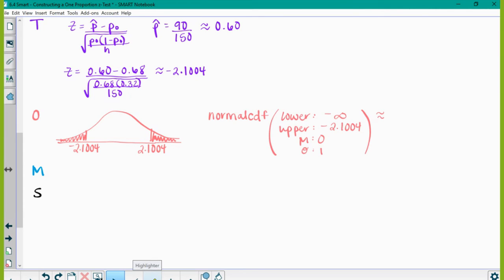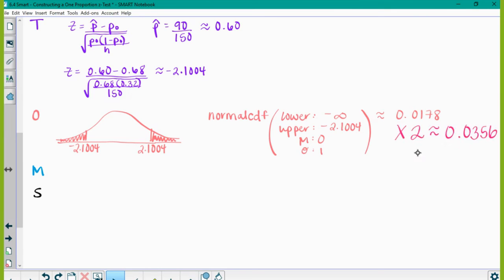I went from negative infinity to negative 2.1004 with a mean of 0 and a standard deviation of 1, and I got a p-value of 0.0178. If I went in my calculator and wrote 2.1004 to infinity, I'd get the same number. Because there is symmetry, it's the same p-value.